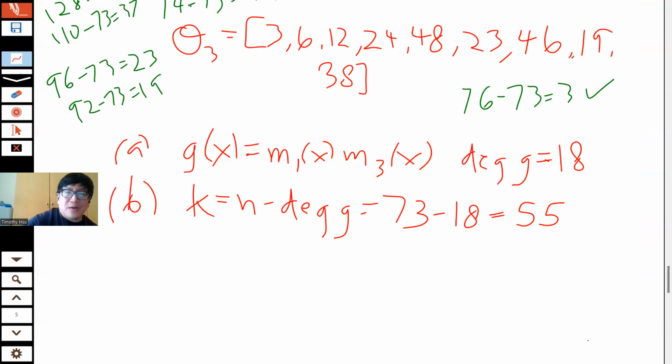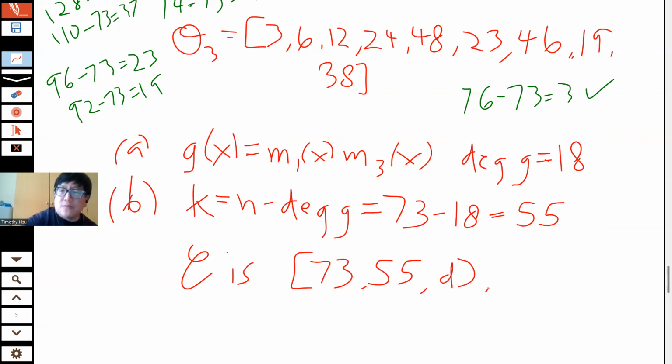So C is a code of length 73, dimension 55, with minimum distance D at least 5 and probably 5.